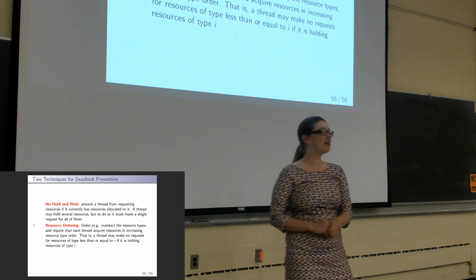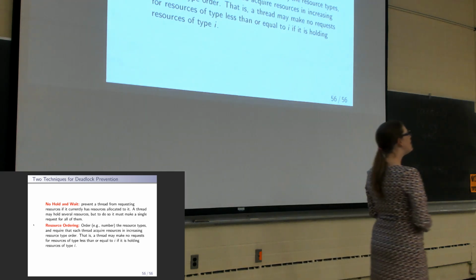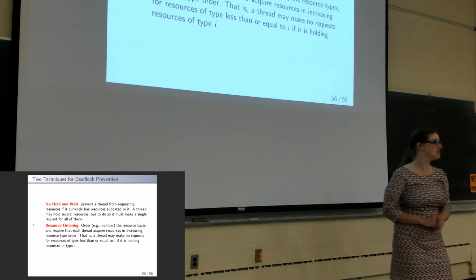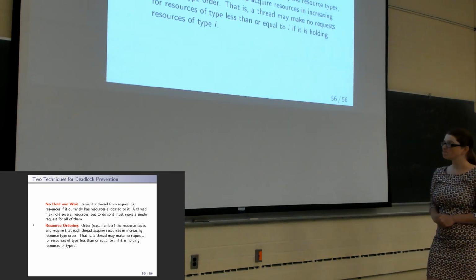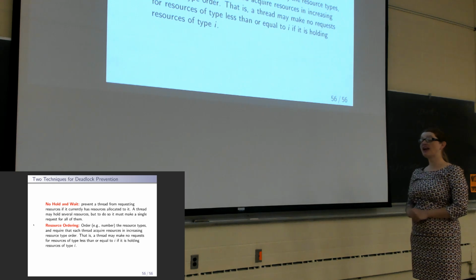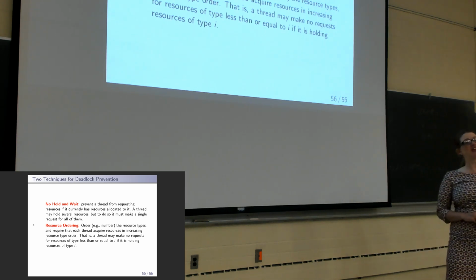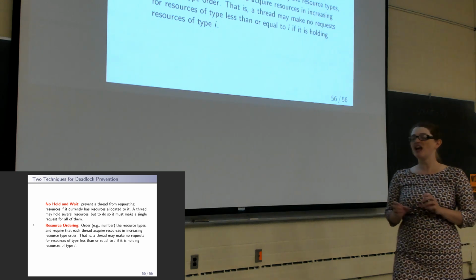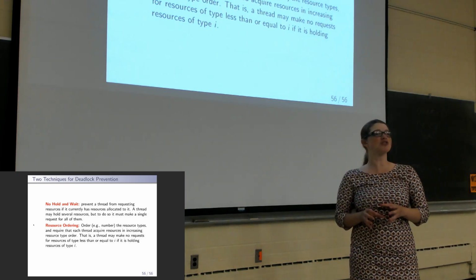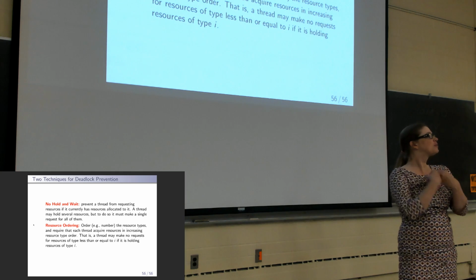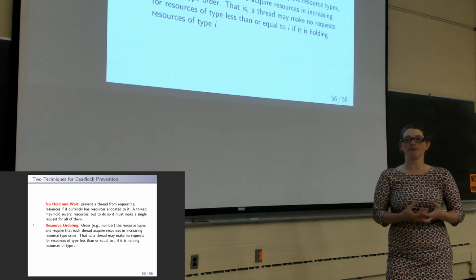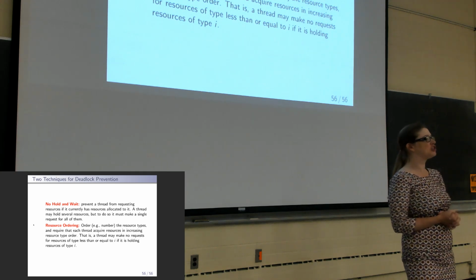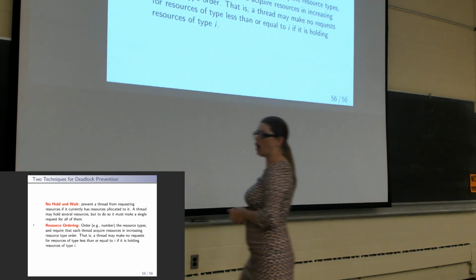Because there's also something called livelock, which is where threads are actually executing instructions but never actually making any progress. So, no hold and wait. What we need to do is we need to be able to acquire all of the resources at once. And if we cannot acquire all of the resources at once, then we have to release the ones we have and try again.